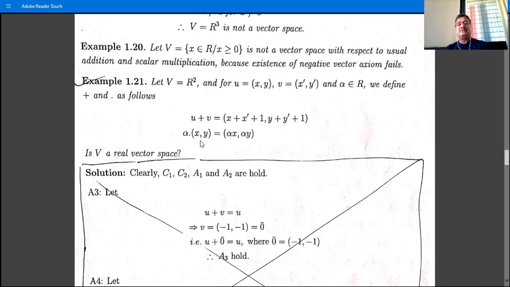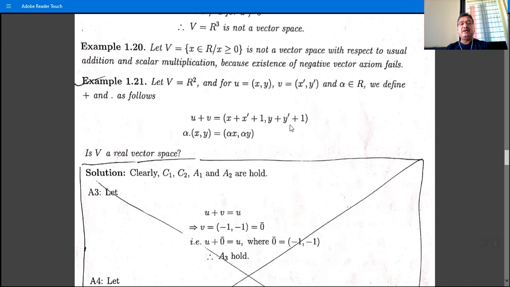What are those properties? Properties C2 and M1, M2, M3, M4. So we have to concentrate on the properties related to addition, that is properties C1 and A1, A2, A3, A4.